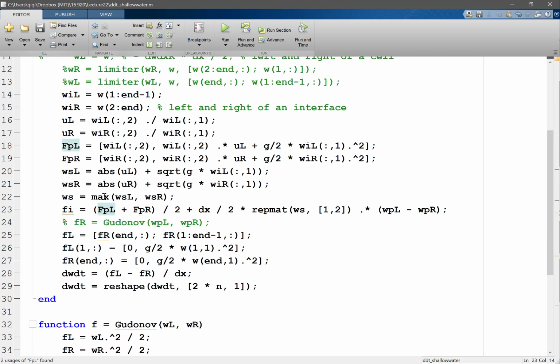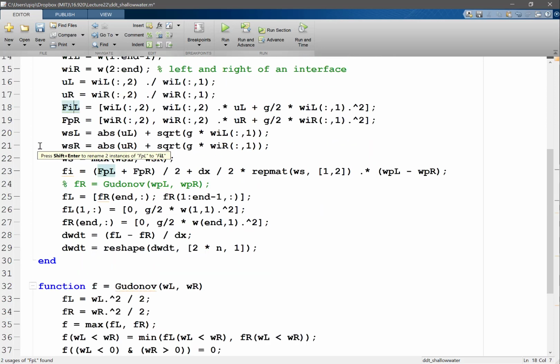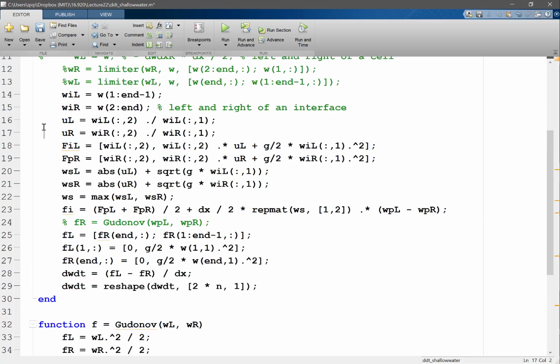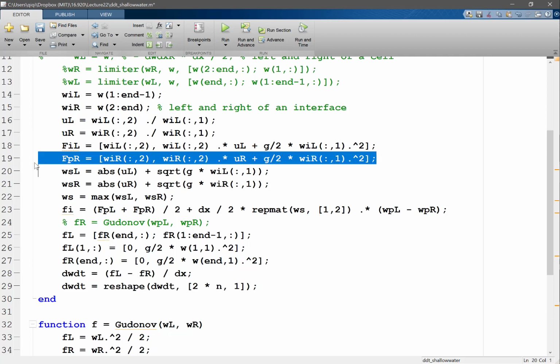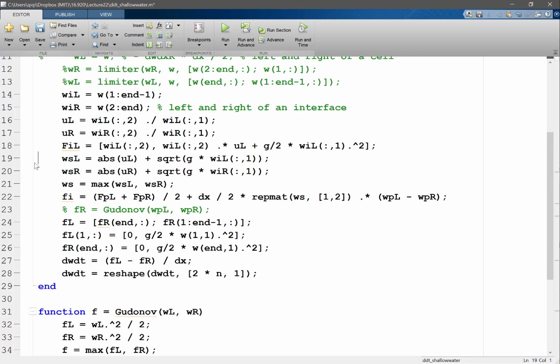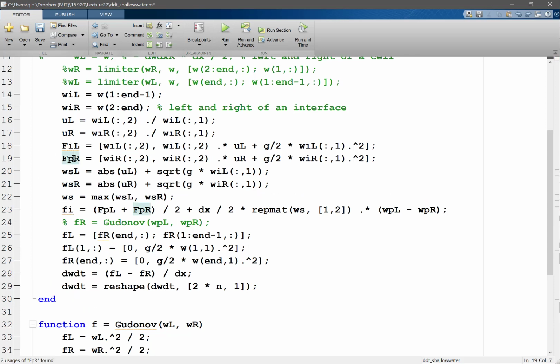Yeah, right. Let me just say WIL. WIL and WIR is equal to that, and I have the average of the fluxes on left and right plus the numerical dissipation.